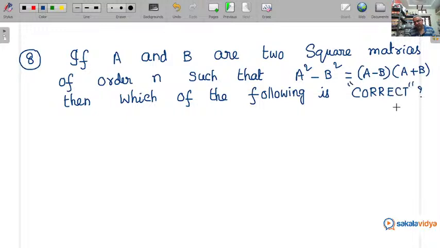So this is the question, right? Option A, either of A or B is a zero matrix.